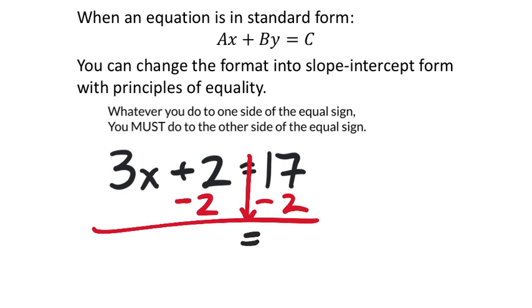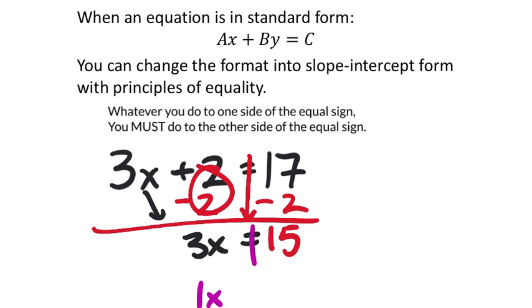That allows me to drop the 2, leaving 3x equals 17 minus 2, which is 15. And then from here, we need not just 3 x's, but 1 x in the end. So we need to divide both sides by 3. That makes a phantom 1, or we can keep it a 1, but 15 divided by 3 is 5. That would have given us a solution with one variable.